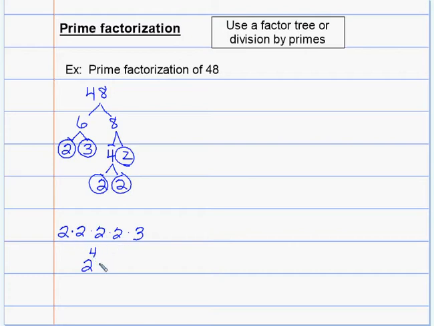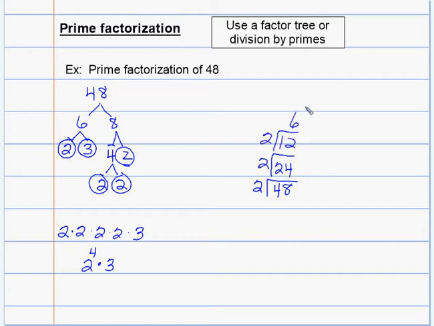4 factors times 3. If you use division by primes, I'm going to put 48 here, and then you have to pick a prime number to divide into 48. So I'm going to start with 2, and then divide that, and I get 24. And then I know I'm going to use 2 again because it's even, so then I would have 12, and keep going.